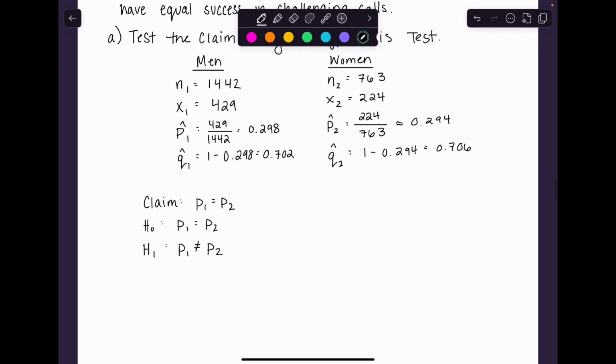So in this case, when I go to find this test, this is a two-tailed test. So I'm going to be looking at these particular regions, and I'm going to need to find my test statistic. And if the area in these regions is going to be more than 5%, I'm going to reject this claim.